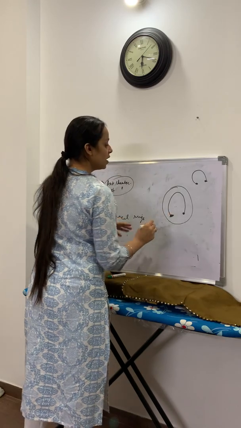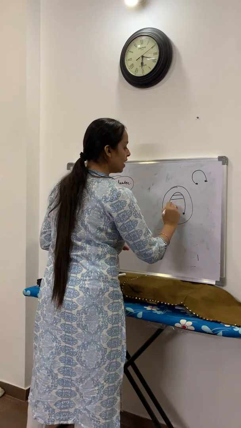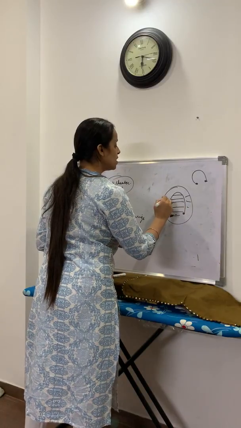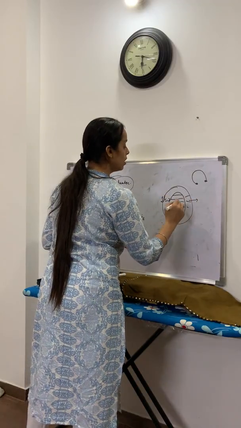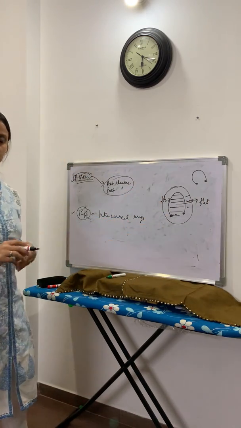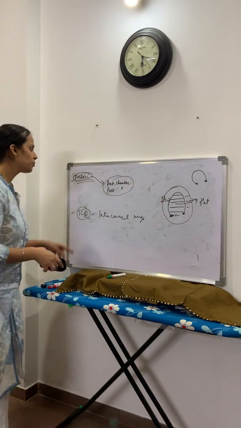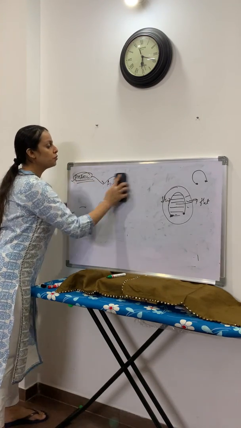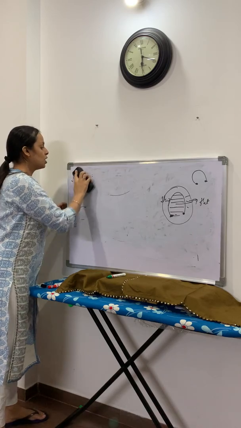What will happen? It will lead to a central flattening and a peripheral steepening. So this will become steep, and the center has become more flat. That is how we will perform this surgery. These are very popular methods, and these are reversible methods. If you're not satisfied, you can reverse the outcome.